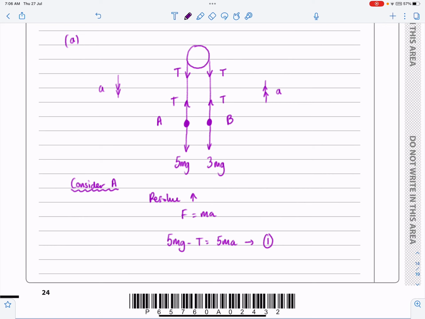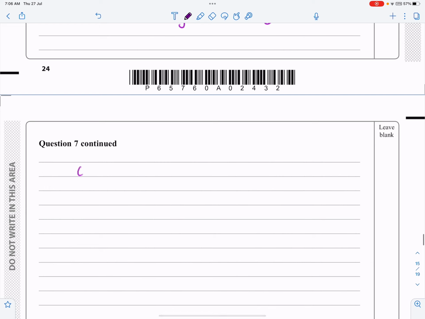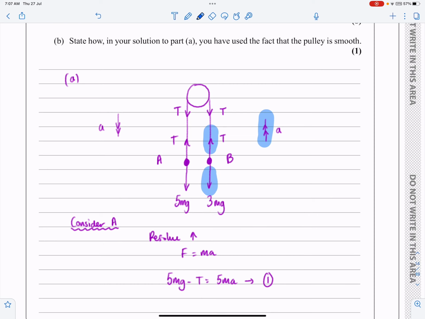All I've got to do now is to do a similar thing for B. So consider B. Again, resolve vertically, which again is going to be F equals ma. And if we look at B this time, because I know it's accelerating upwards, we know that it's going to be T minus 3 mg.